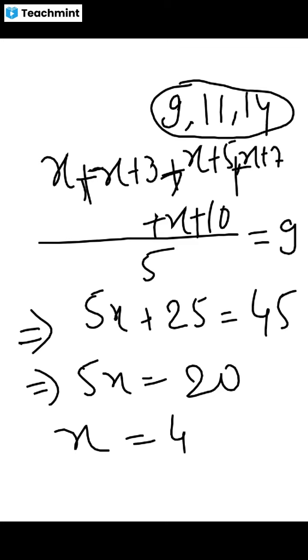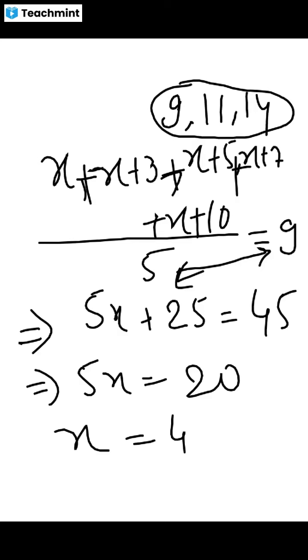Okay, after that. 5x plus 25 is equal to 45. Then 25 will go to the other side and it will be subtracted. 45 minus 25, so it will be equal to 20. Got it? Ma'am, how 45? 9 multiplied by 5.